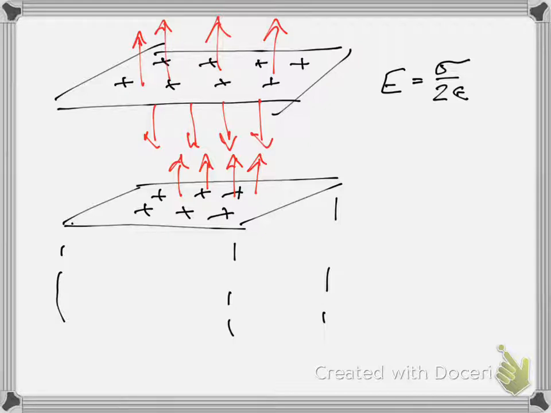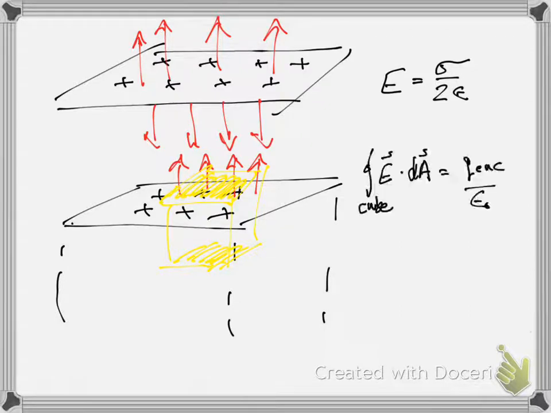So if we then apply Gauss's law, let's draw a Gaussian surface, our Gaussian cube. There's only electric field through this top surface of the Gaussian cube. There's no electric field through this bottom surface like there was for the plane. So what Gauss's law ends up giving us, I've written down Gauss's law here: the flux through the cube, there's only flux through a single side now.